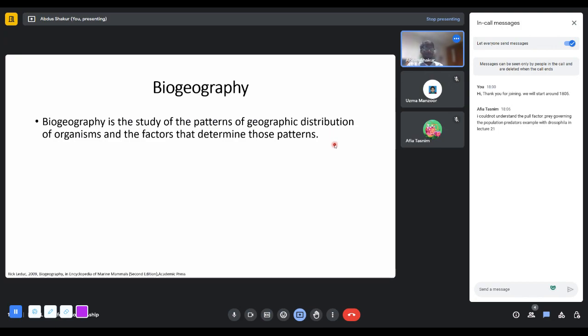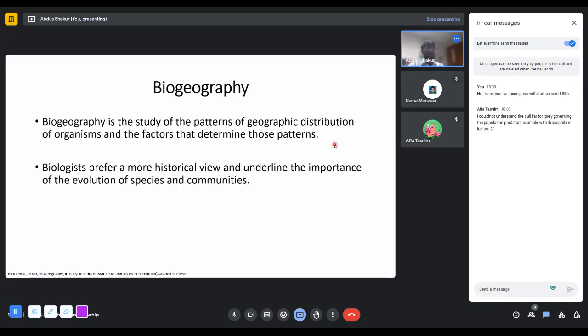A species can be present in one area, might be absent from another one, so you study which species are present where, and along with that you also study the factors that determine the patterns that you see. So why a species is present in a certain area and why it is not present in a certain area.